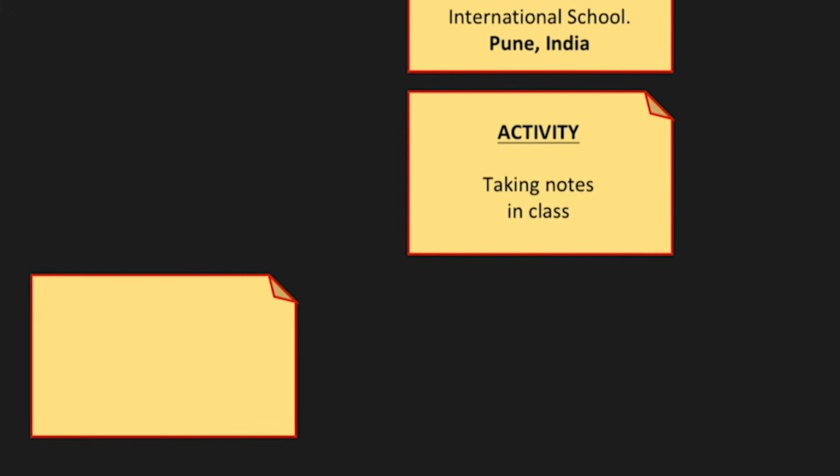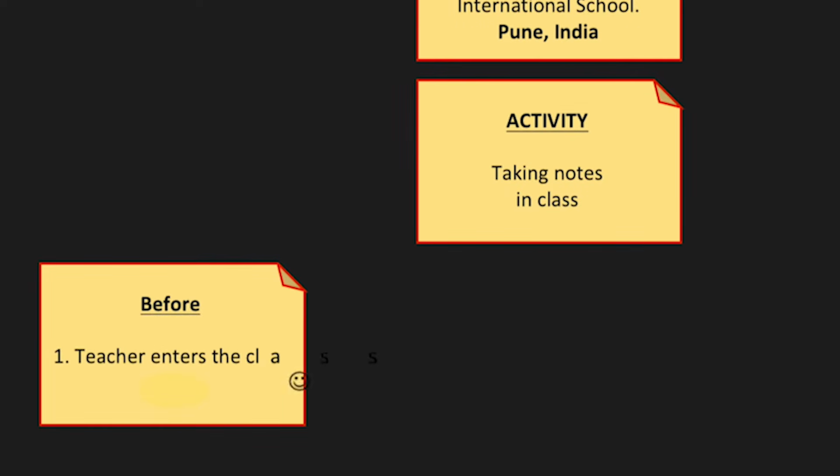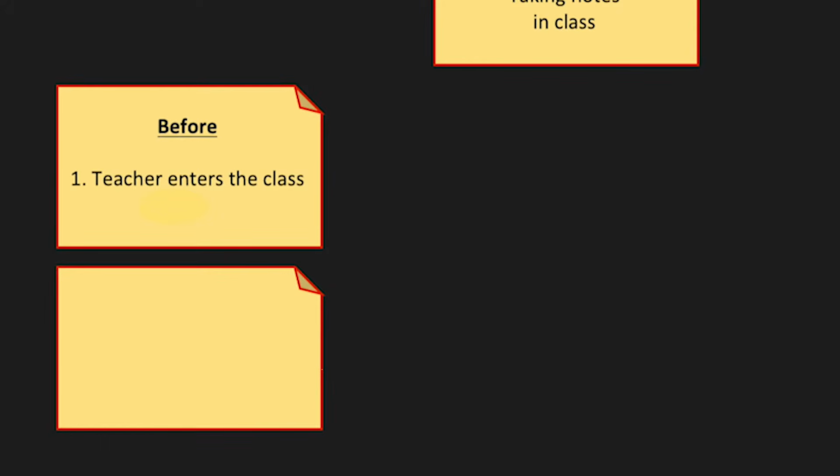So then the teacher enters the class, then there's teacher instruction, or students take out their notebooks and relevant textbooks from their bag. That would be the second activity we have identified.